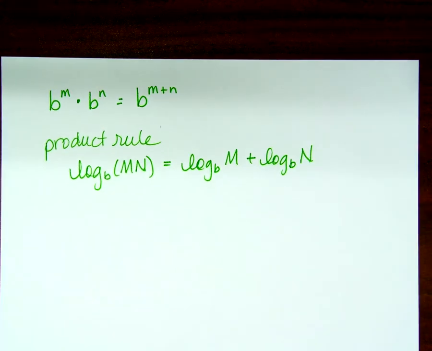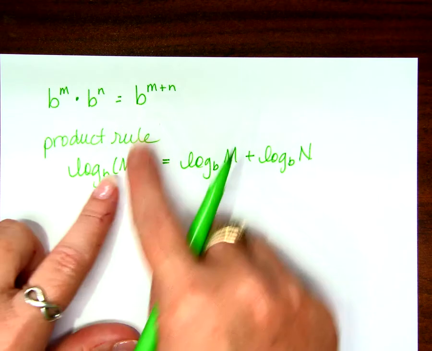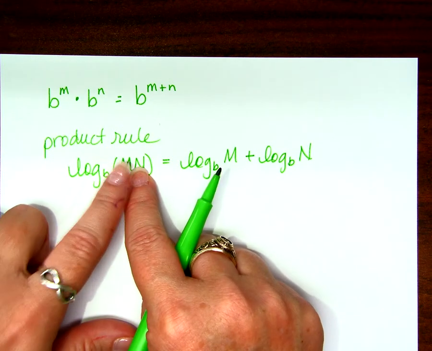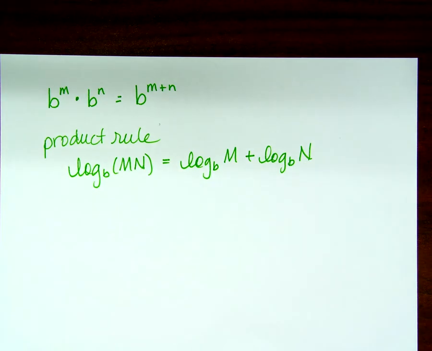Does that make sense? If I'm multiplying like bases, I add the exponents. If I'm multiplying terms inside the logarithms, it's the same as them being added. Got it? Guys, that's the product rule. I suppose I could give you a whole bunch more examples, but we're going to do examples in just a minute. I don't want to stress you out with 15,000 examples.